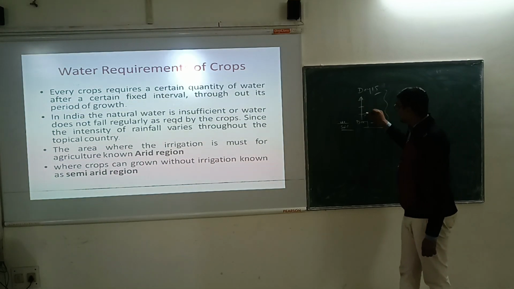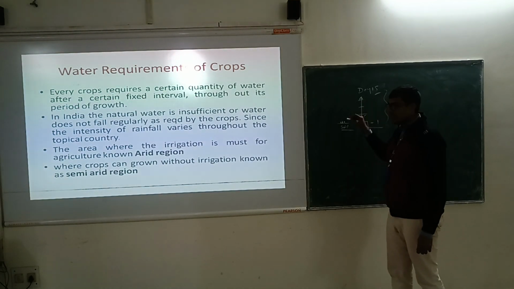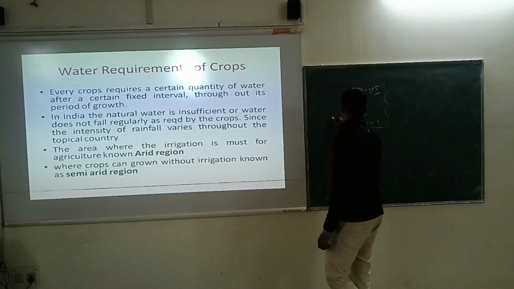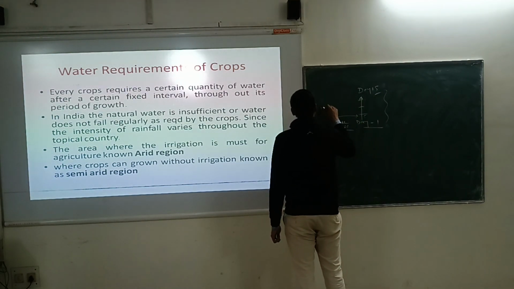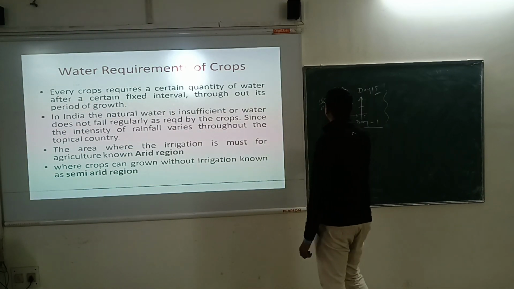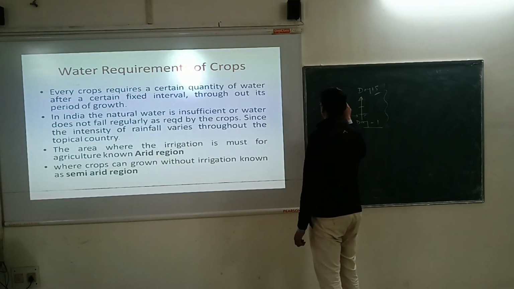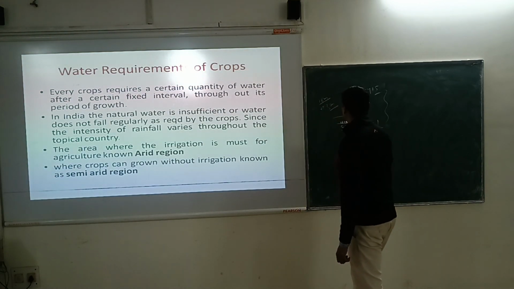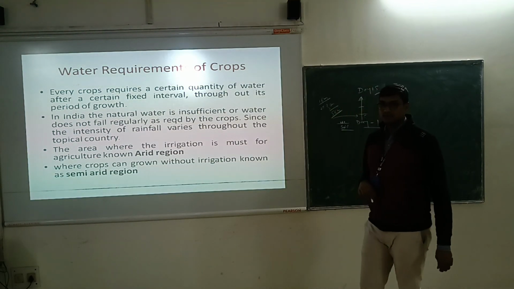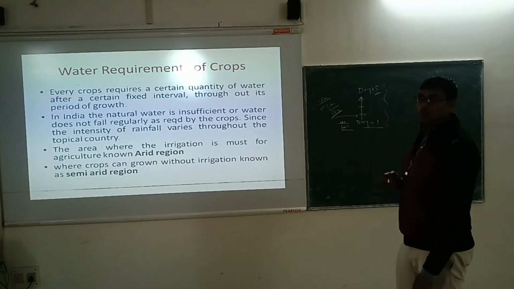So these 3 intervals make up the total requirement of water. Suppose in the first interval we have given 1 centimeter depth of water, next 3 centimeter depth of water, and in the last interval, as per the requirement, 5 centimeter of water.